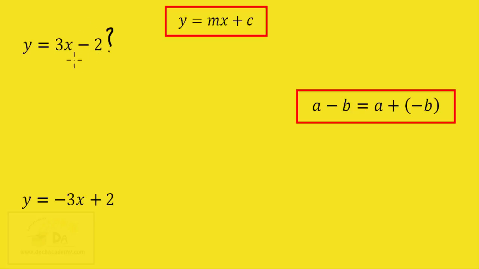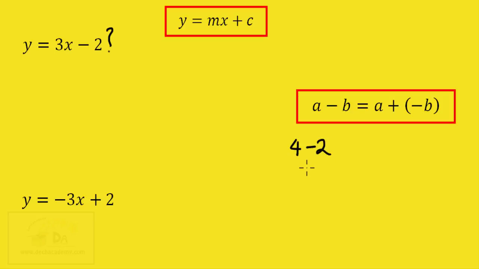Well, in fact it is, because of the following. If you have an expression a minus b, where a and b represent any numbers, a minus b is the same thing as a plus minus b. In case you don't believe it, let's see 4 minus 2.